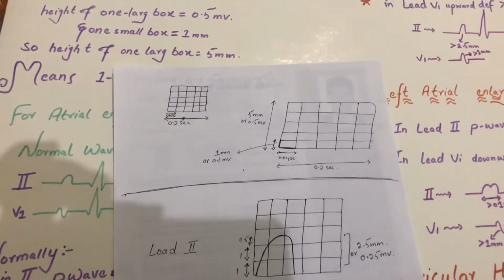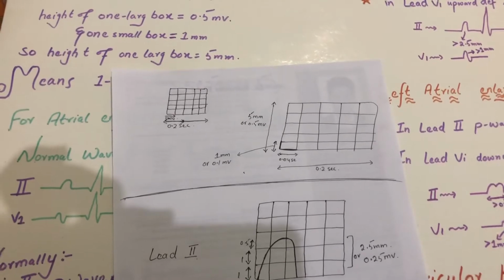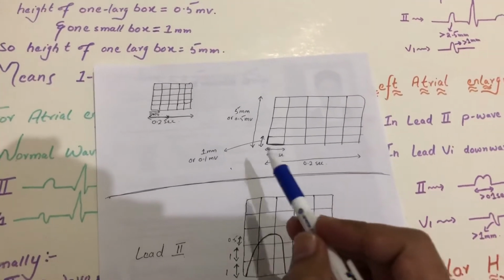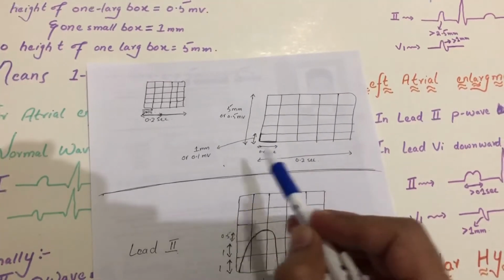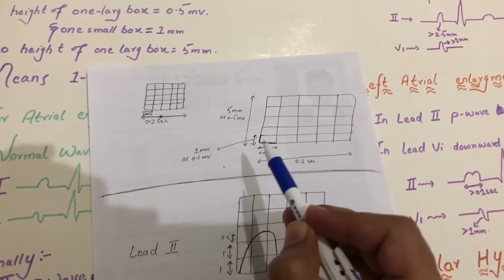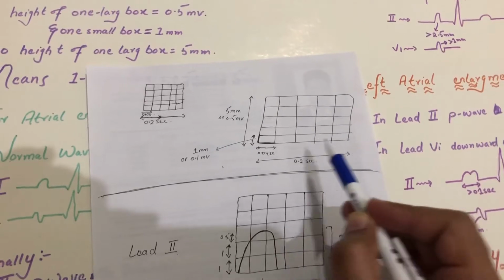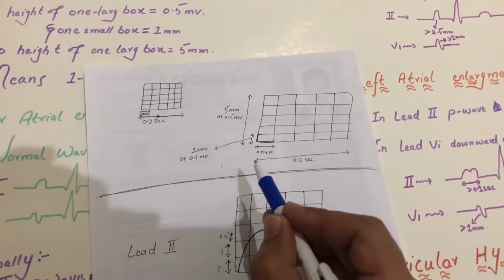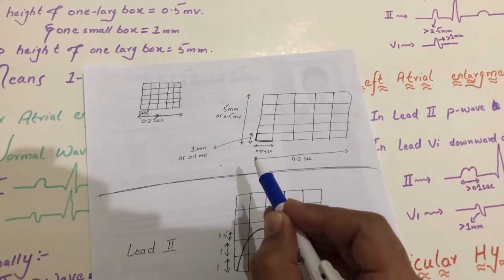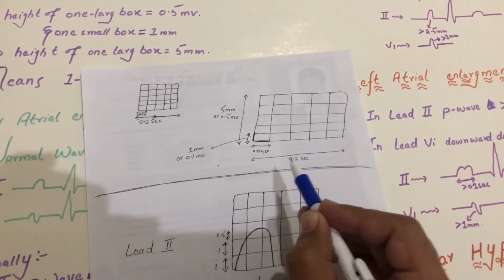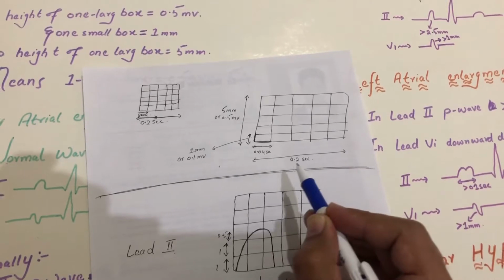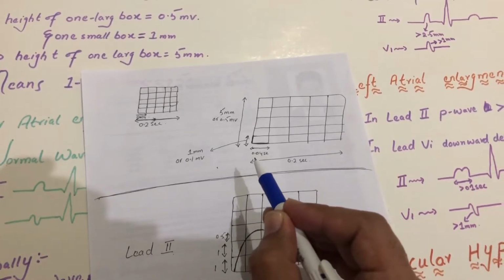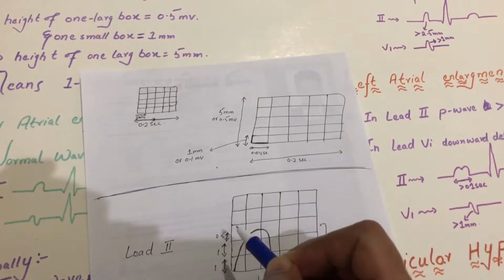Before jumping to the pathology, first we need to revise some basic concepts. As we know, in one big box in an ECG, there are 5 small boxes horizontally and 5 small boxes vertically. One big box horizontally will be equal to 0.2 seconds and one small box will be equal to 0.04 seconds.